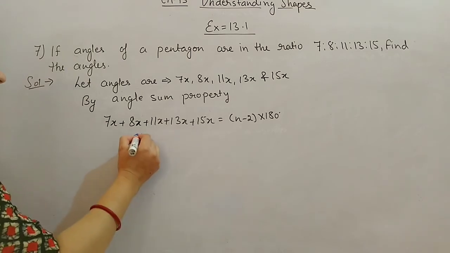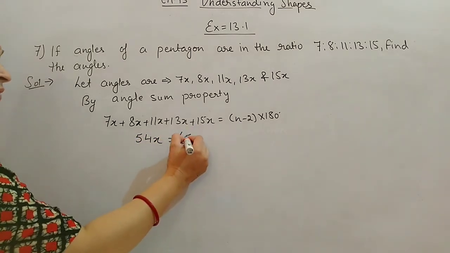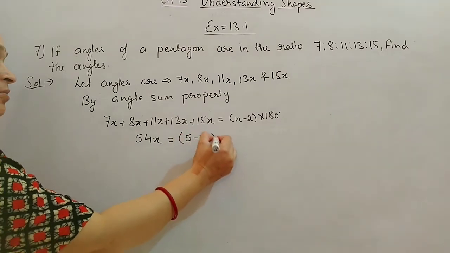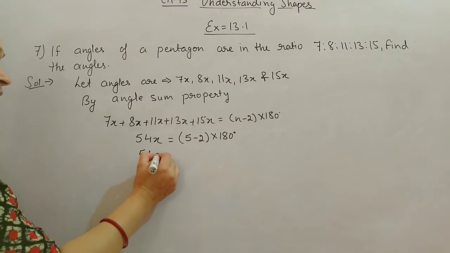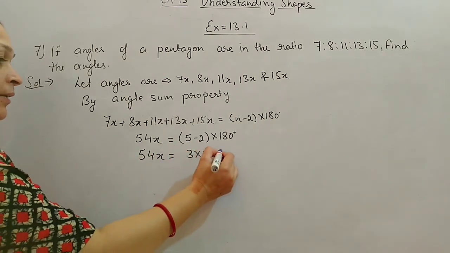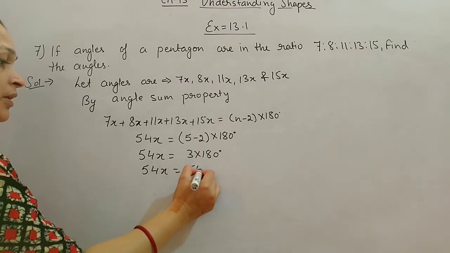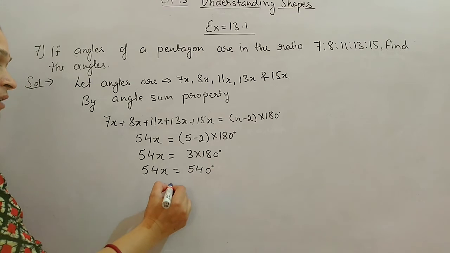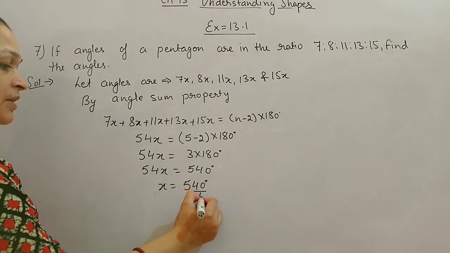This side if you add you will get 54x and on the other side substitute the value of n, (5 minus 2) into 180. So we'll get here 54x equal to 3 into 180 degree. 54x is equal to 540 degree. So x value will be 540 by 54, that means 10 degree.